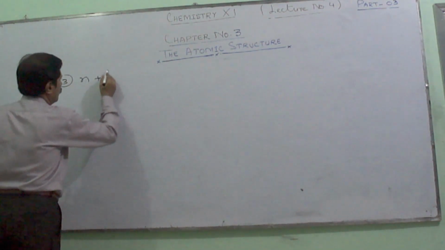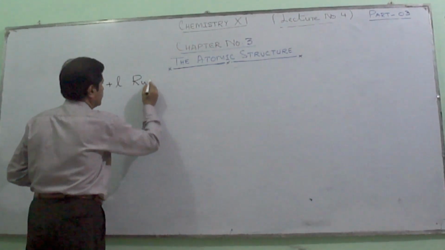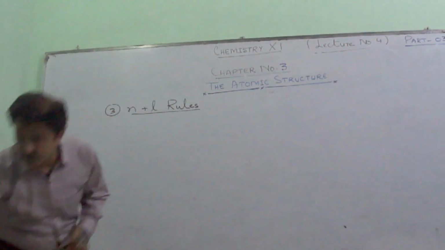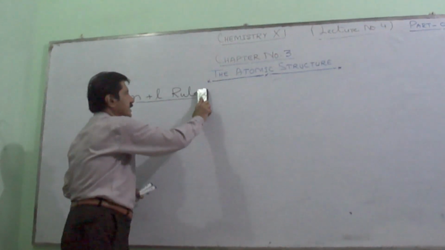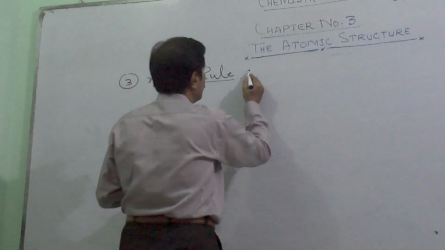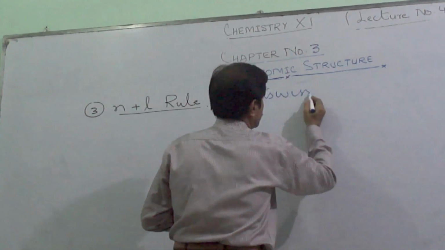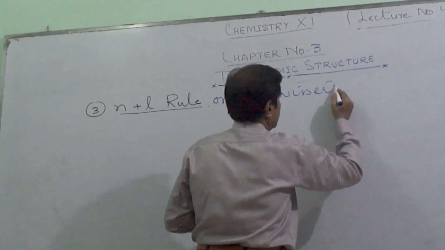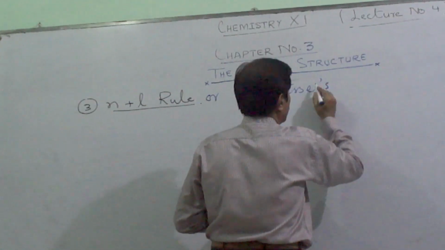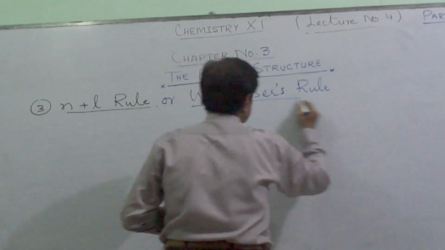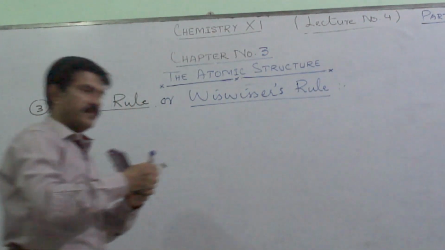Now the third rule for the electronic configuration of elements we are going to discuss today is the n plus l rule, or it is also sometimes called Wiswesser's rule, based upon the name of the scientist who gave this rule.